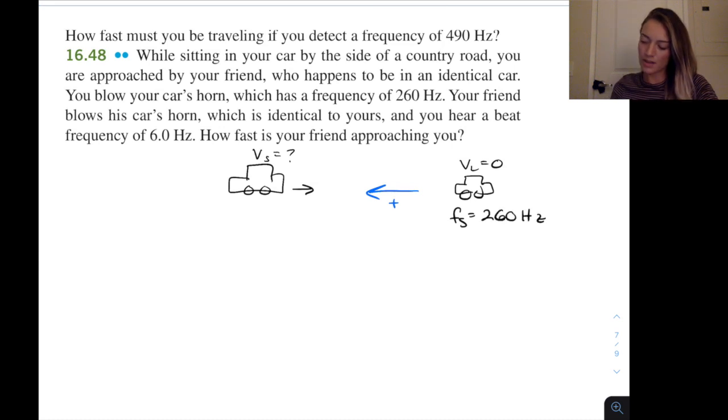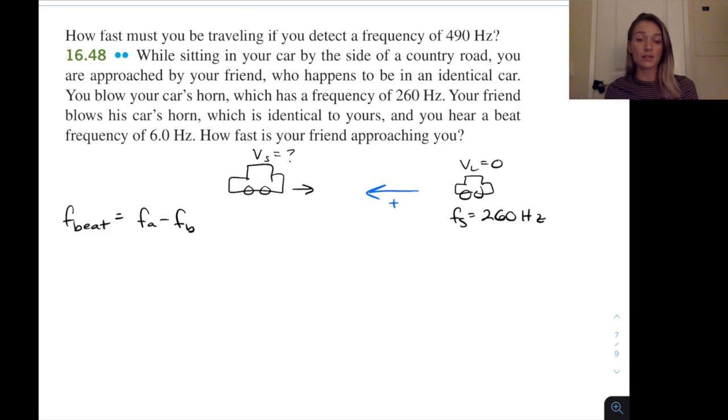Now it says that when our car horn and the friend's horn are both honking, we hear a beat frequency of 6 hertz. Remember, f beat is just the difference between the two frequencies, so it'll be fA minus fB. Since our friend is moving towards us, we know that frequency is going to be higher, because from everyday life, when a siren comes towards you, the frequency gets higher.